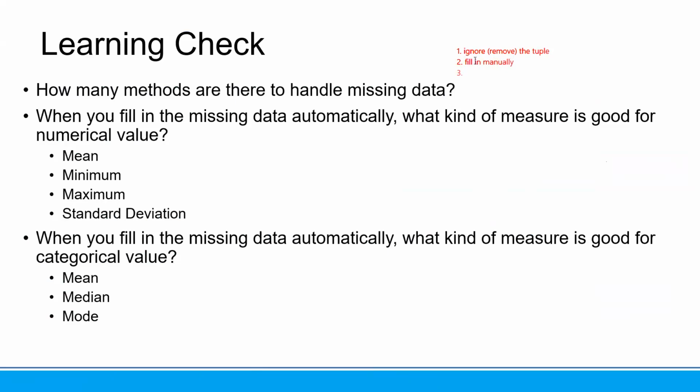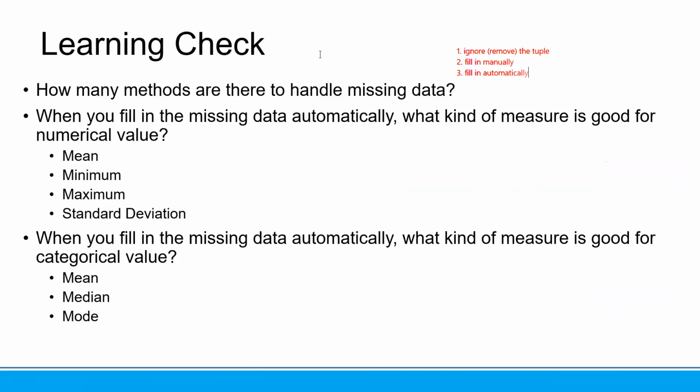And third, to fill in automatically. When you fill in automatically, there are several ways. If the missing value is numerical, you can fill in with the mean. If the value is categorical, you can fill in with the most frequent value, the mode.